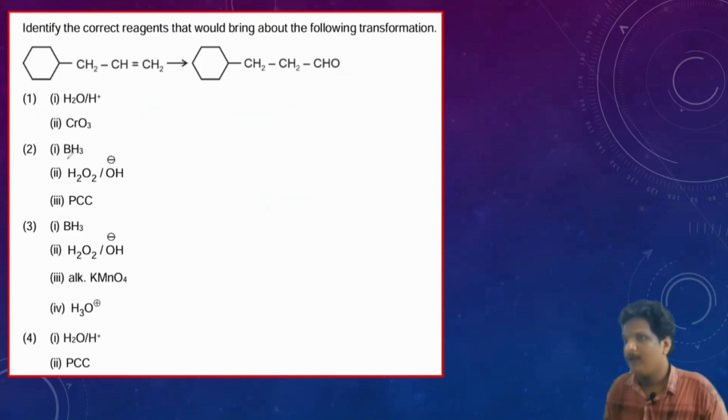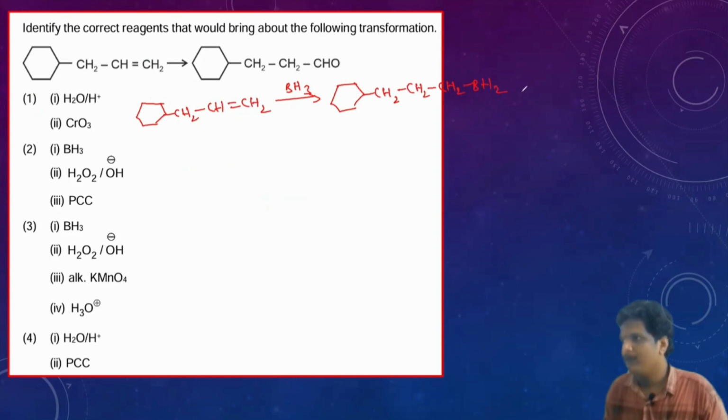Here, on hydroboration, it gives an organoborane. I will write it here: CH2=CH2 on hydroboration gives CH2CH2CH2BH2.